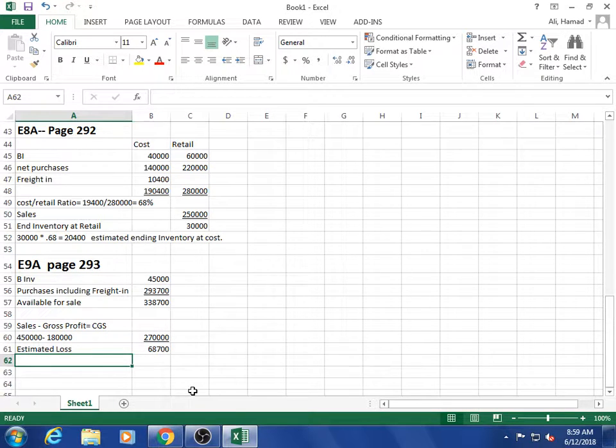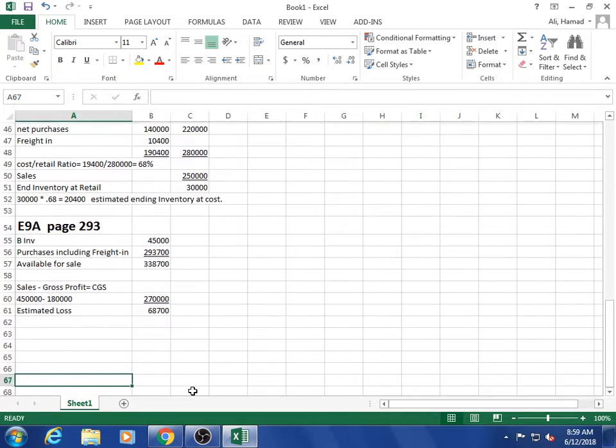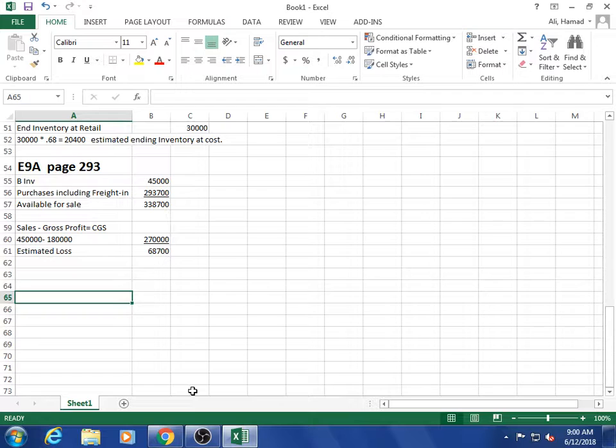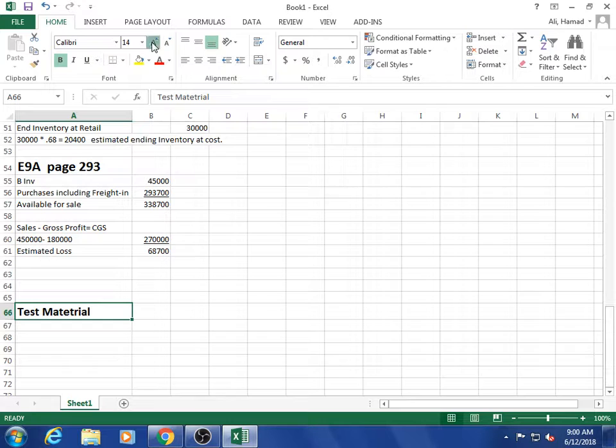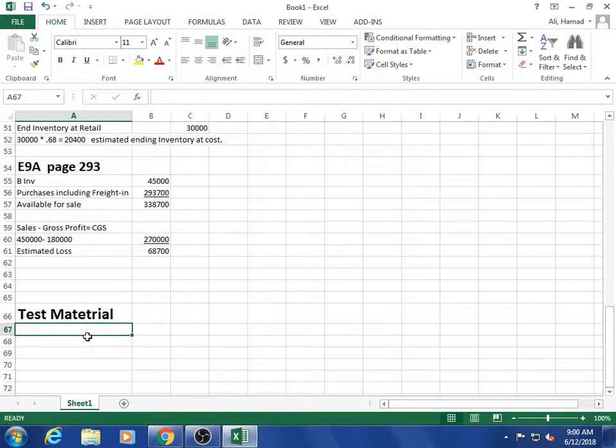Let me bring up the test material. Okay, the question is saying Barnett Company's owner's equity equals 1/4 of the company's total assets.